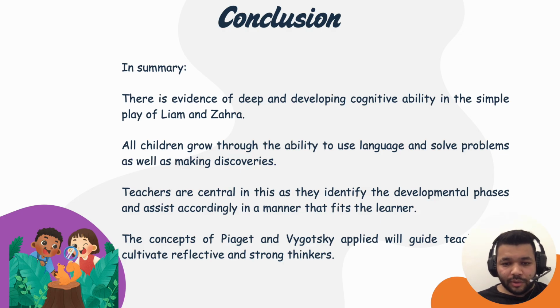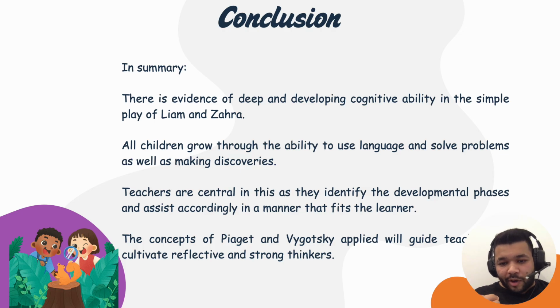In conclusion, there is evidence of deep developing cognitive ability in the simple play of Lime and Jara. All children grow through the ability to use language and problem solving. They are making discoveries. Teachers are central in identifying developmental phases and assisting accordingly to fit the learner.